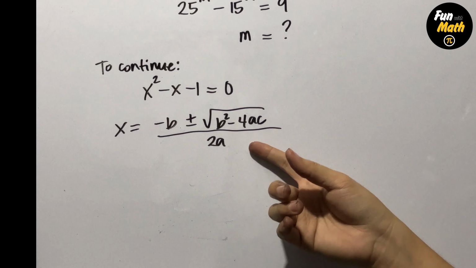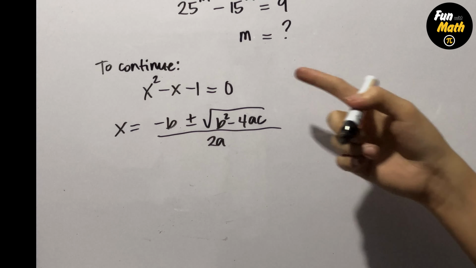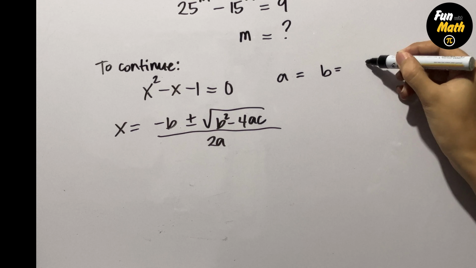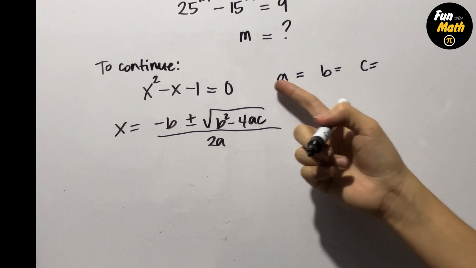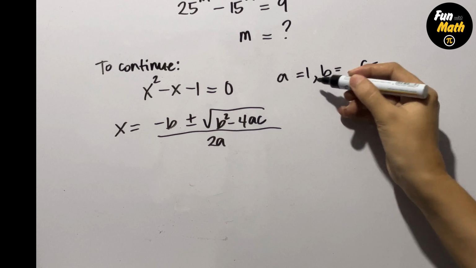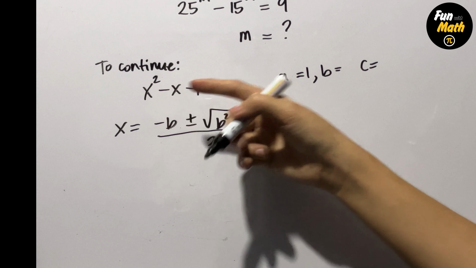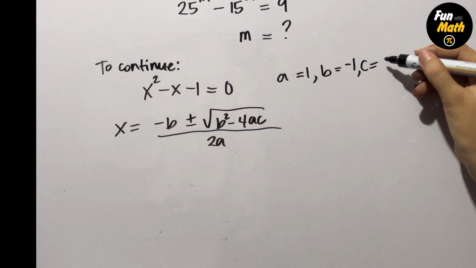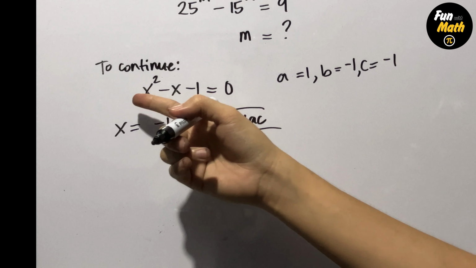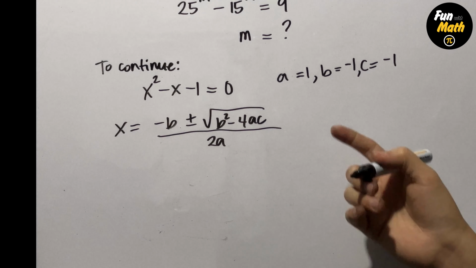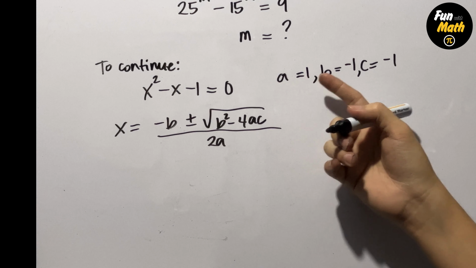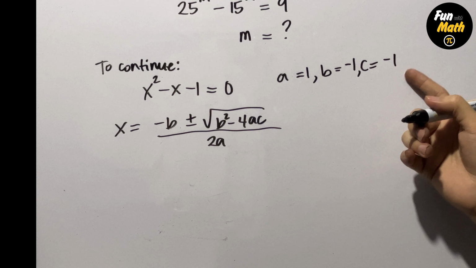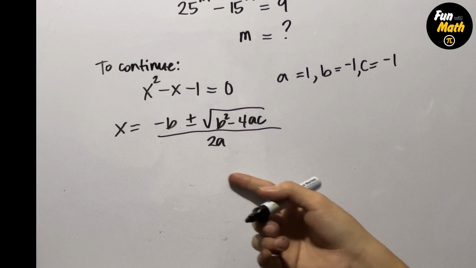But before we use this formula, we need to identify a, b, and c. So for a, this is 1. For b, this is -1. For c, this is -1. Now, we have the value for a, which is equal to 1, b is equal to -1, and c is equal to -1. Now, we can use this formula.